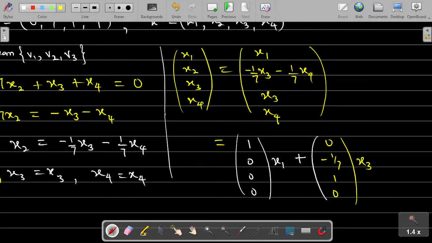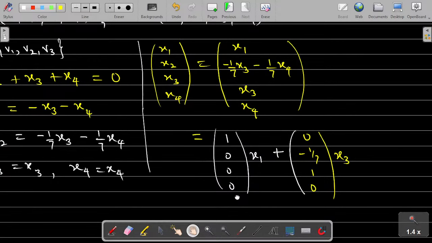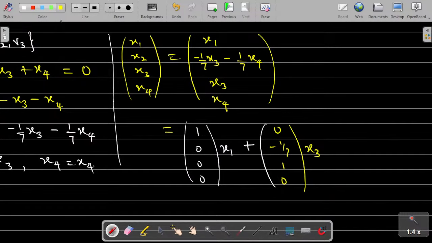And then finally, for x4, plus the coefficient of x4: first row 0, second row minus 1 over 7, third row 0, fourth row 1, and that's multiplied by x4. So that has given me the three vectors. This is my v1, this is my v2, and this is my v3.